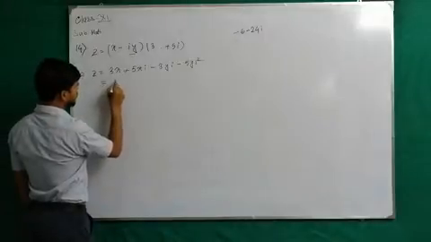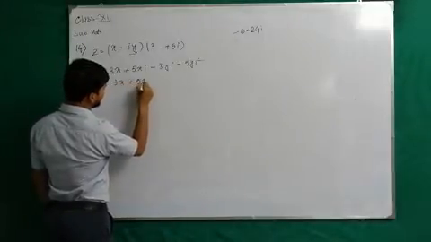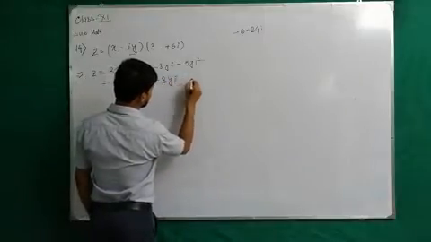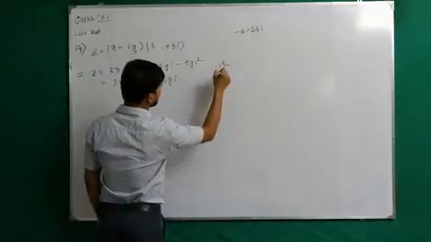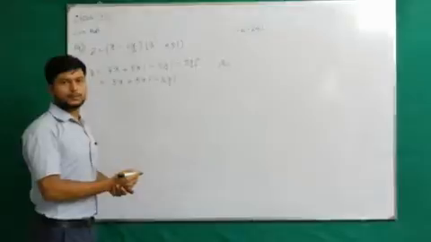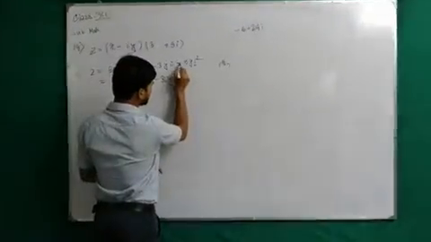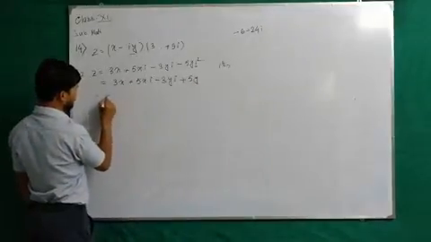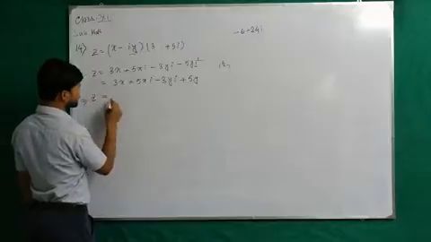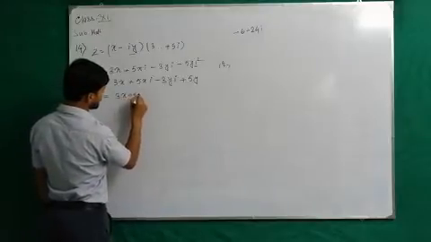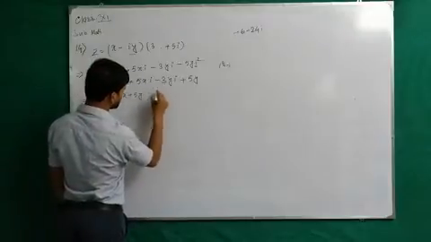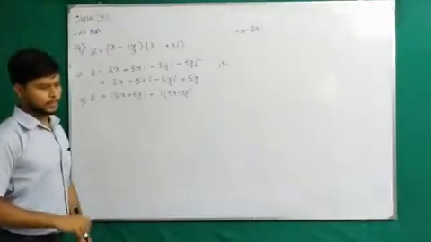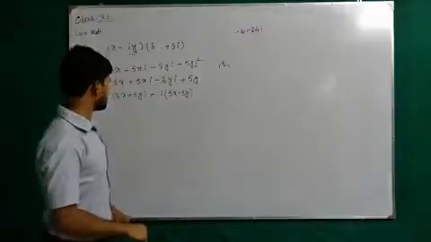We know that i square equals minus 1, so in place of i square we can put minus 1. So that minus and this minus will be a plus, so 5 into y. That implies z equals 3x plus 5y plus, if I take i common here, i into (5x minus 3y). So this is the given complex number.